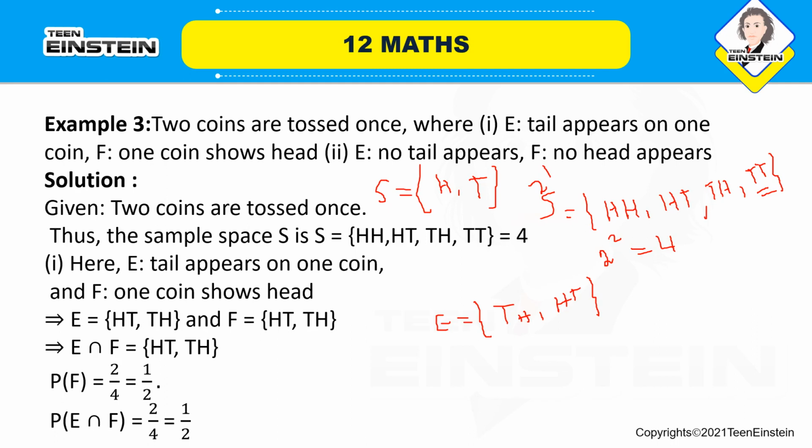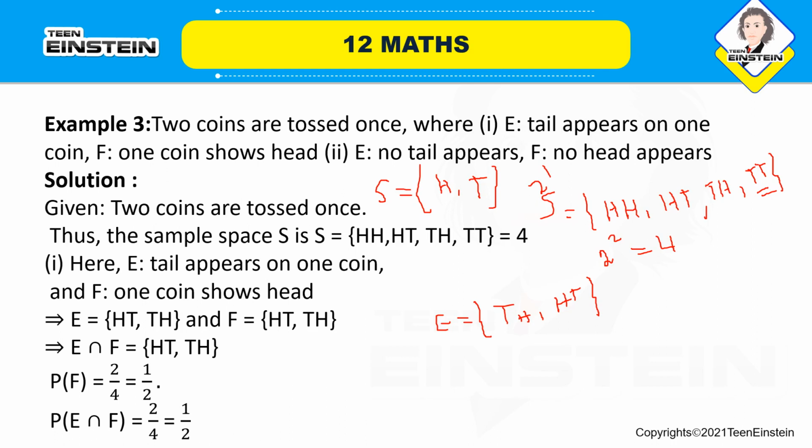Suppose you are getting head in the second coin, then in the first coin you will get tail. So what is F? HT, TH. So the number of elements in E and the number of elements in F are the same.